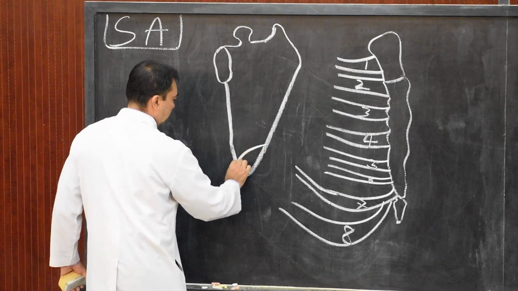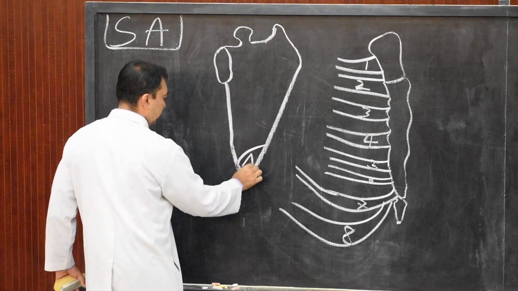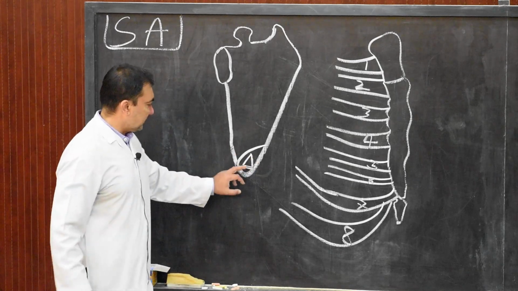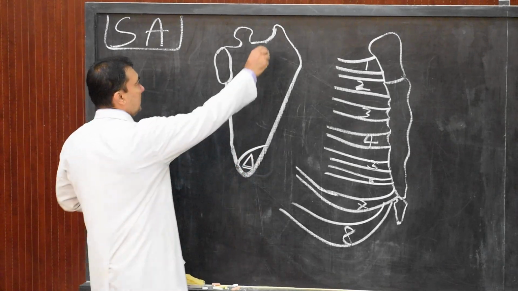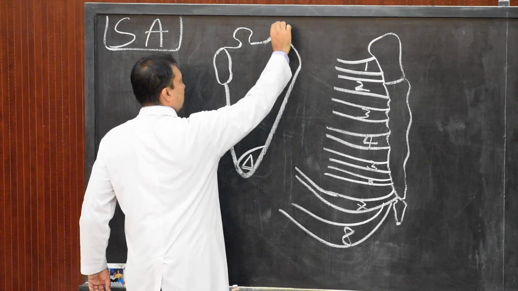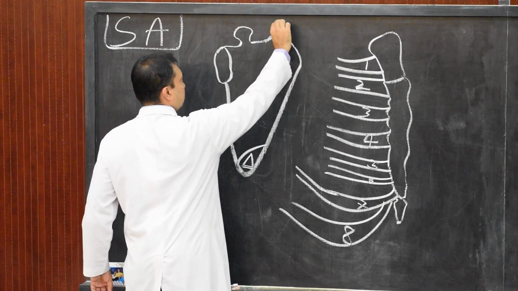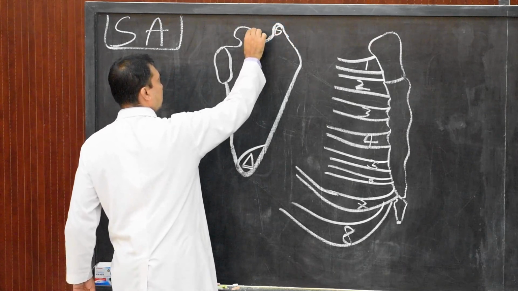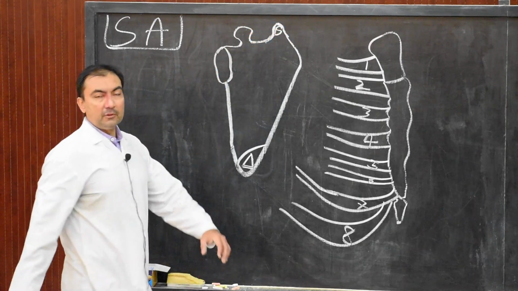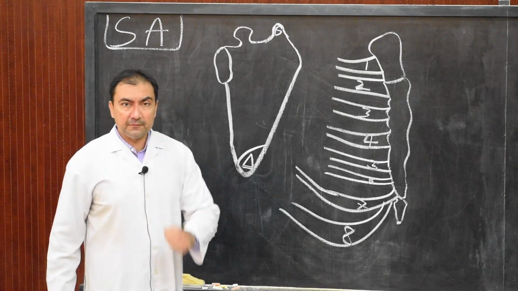Here, this is the lower triangular area, and I am going to mark this as the lower triangular area at the inferior angle of the scapula, and this as the superior angle of the scapula. These bony landmarks are very important in order to understand the insertion of serratus anterior.